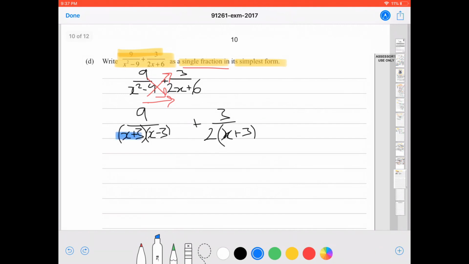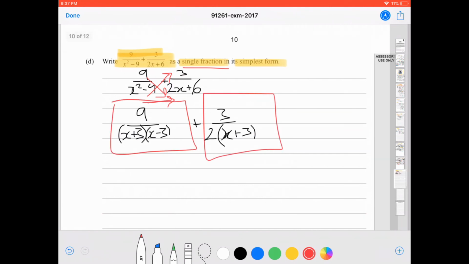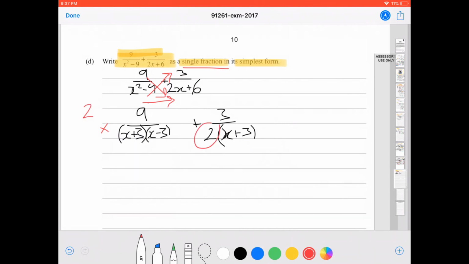So we can actually multiply by something on top and bottom, multiply each fraction, and make them have the same denominator. So I'm going to say with this first fraction, 9 over x plus 3, x minus 3, I'm going to multiply it by this 2 in here. So 2 over 2, what we have to do to the top, we have to do to the bottom.